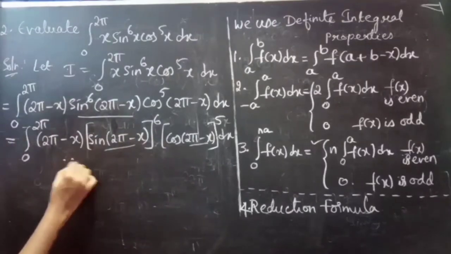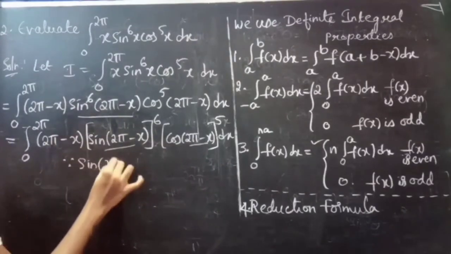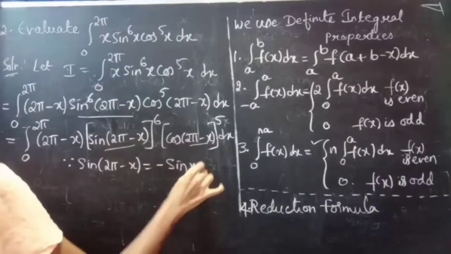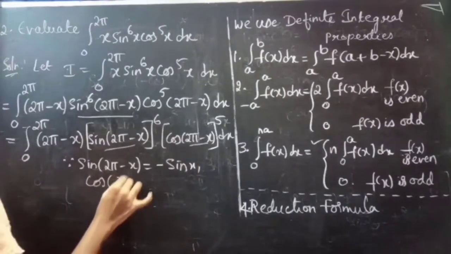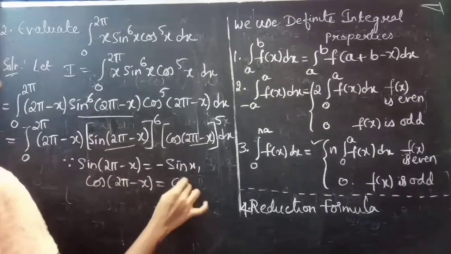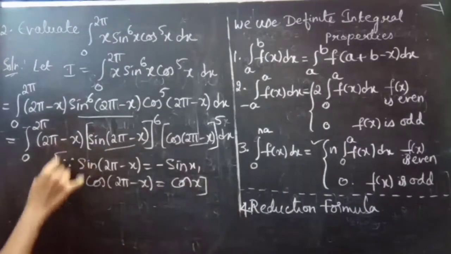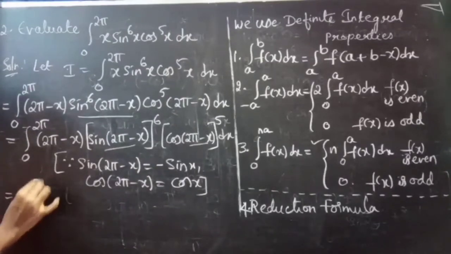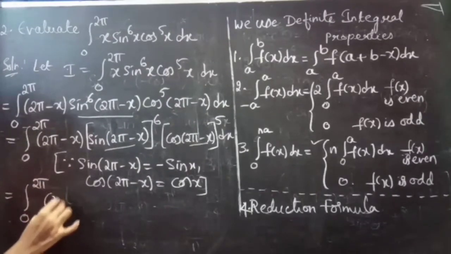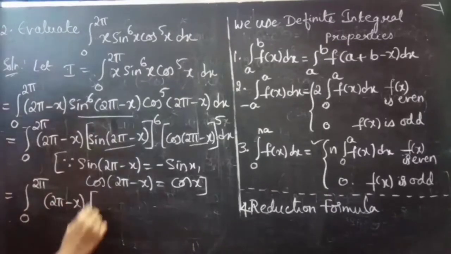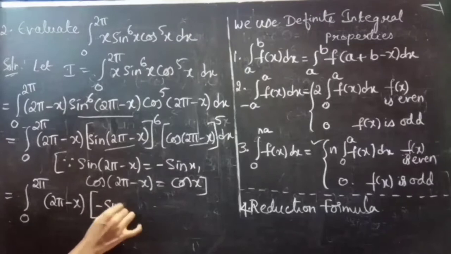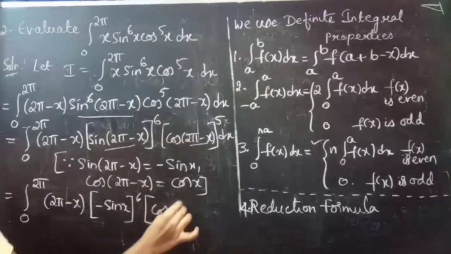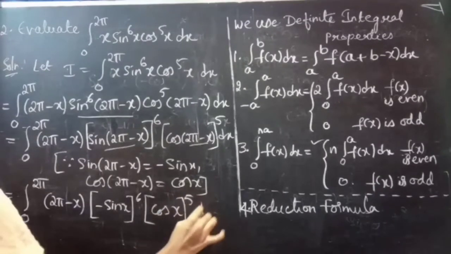So sine of 2 pi minus x equals minus sine x, and cos of 2 pi minus x equals cos x. So this equals the integral from 0 to 2 pi of 2 pi minus x into minus sin x whole power 6 into cos x whole power 5 dx.